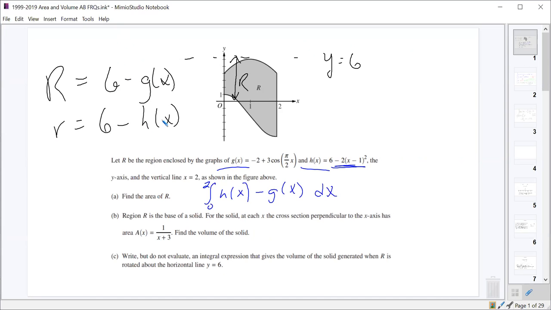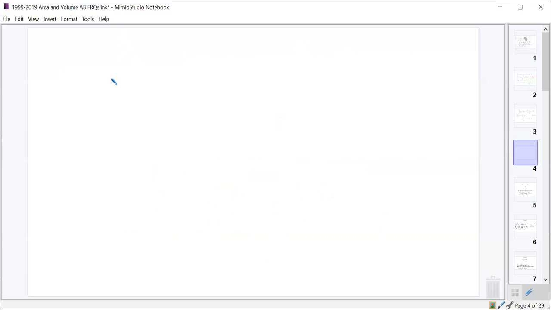And if this is the AP test and they've defined these as g of x and h of x, you can just use g of x and h of x. It says write but don't evaluate, so you don't even have to do the integral, right? Just have to write the integral itself. So you can say pi times the integral from 0 to 2 of 6 minus, now I forgot, was it g of x or h of x first? g of x was the outer radius.